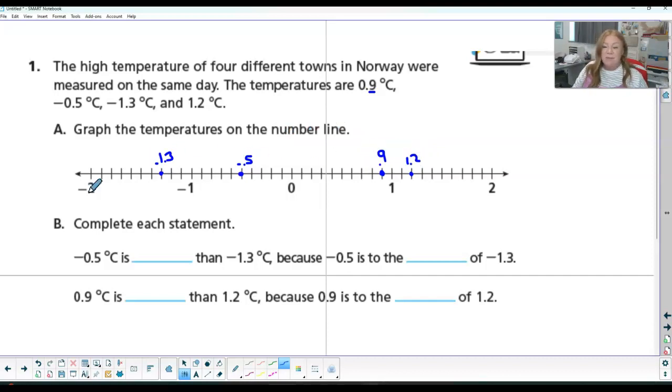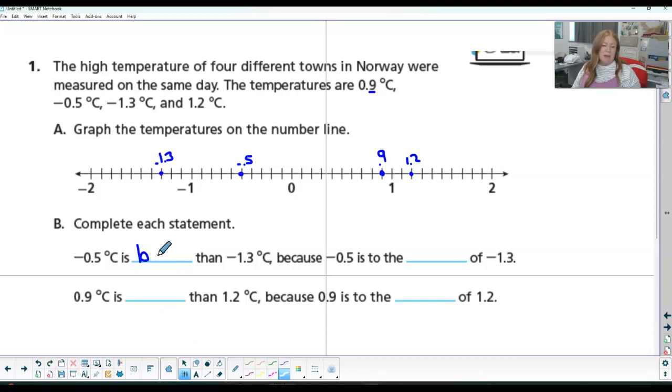So now we're going to use that information to complete these statements. So -5/10 is, we're saying, smaller or greater than -1.3. Well, it's farther to the right, so it is bigger, or greater. We should probably say greater.